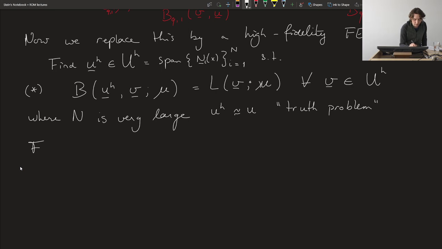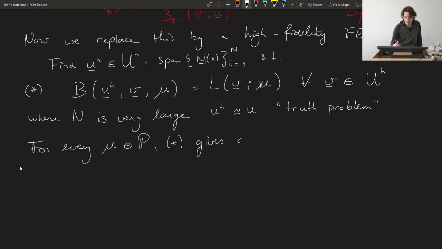So for every parameter point mu, which lies in our parameter space, the finite element formulation gives a solution u_h, and again this now naturally depends on the parameter point.